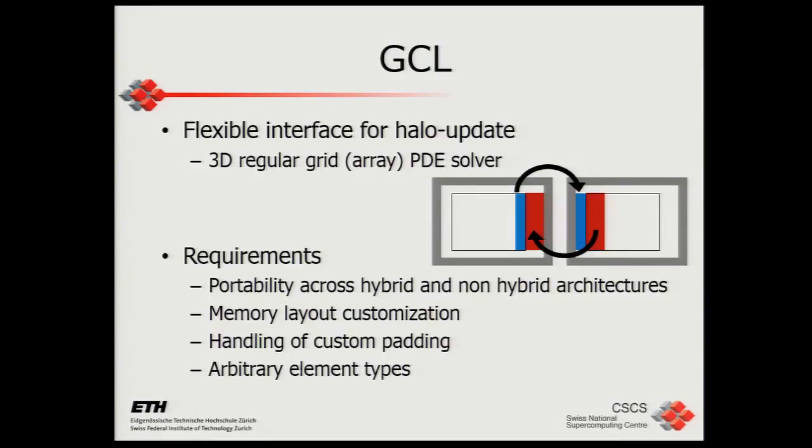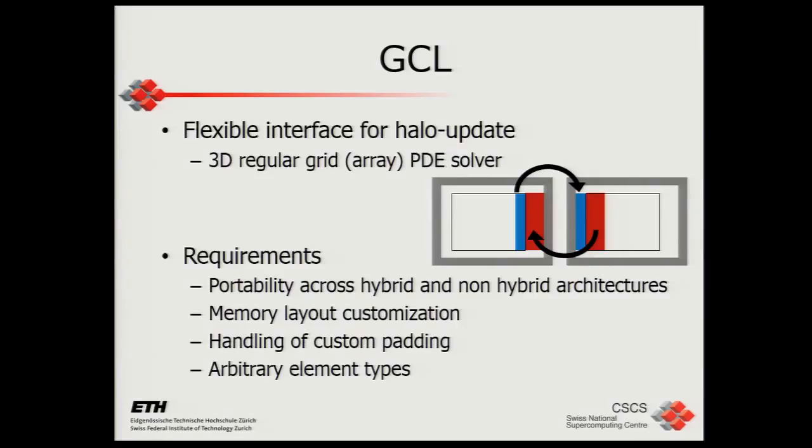We have additional requirements and constraints. The idea is that this code should work on hybrid architectures, so CPUs and GPUs, and should allow us to customize the memory layout, since GPU and CPU might have different best layouts for a given application.